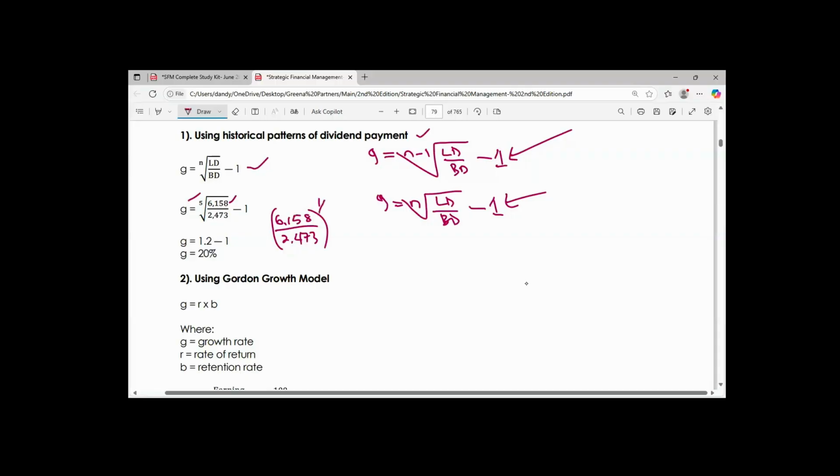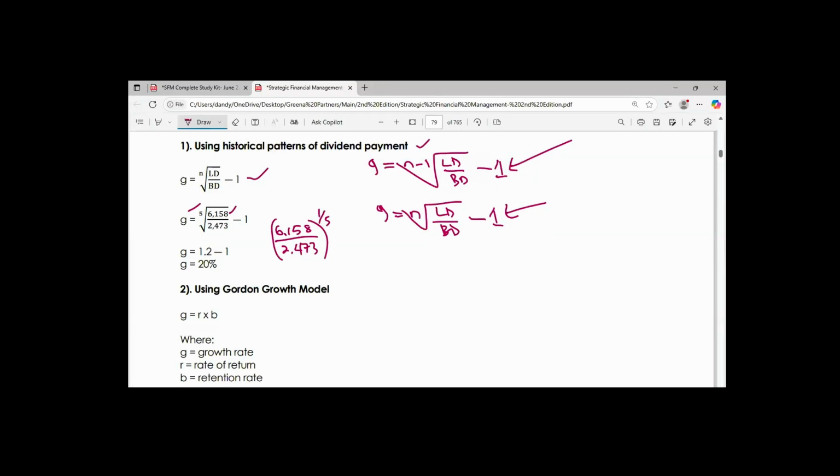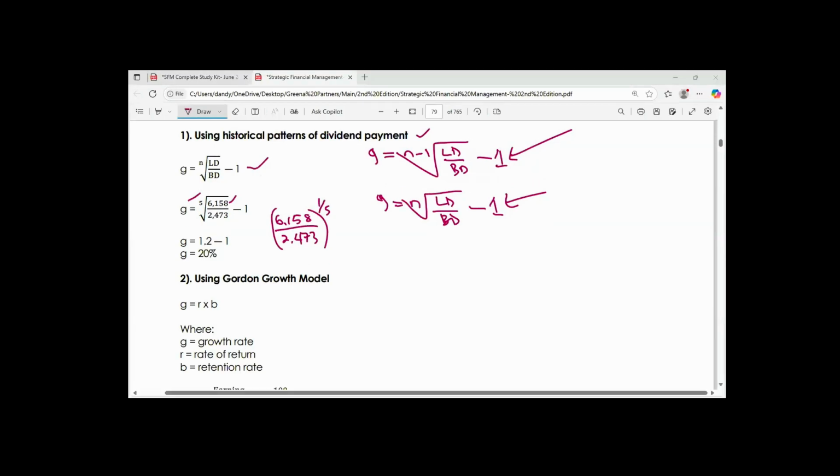Don't forget 1/5 is equal to 0.2. So in this case, you can just say 6,158 divided by 2,473, equals, then raised to the power 0.2.